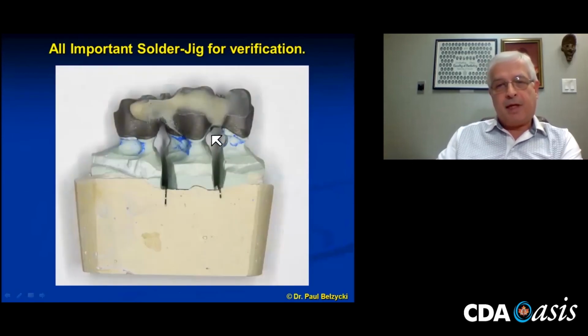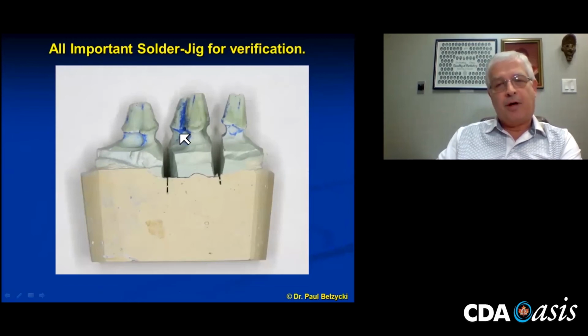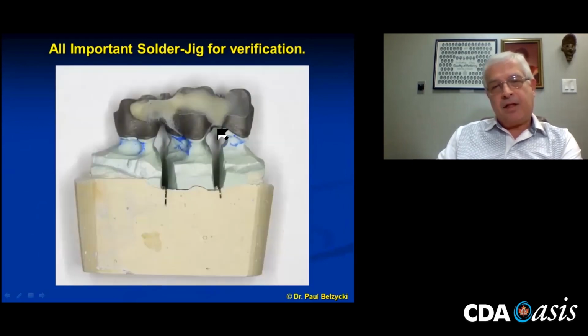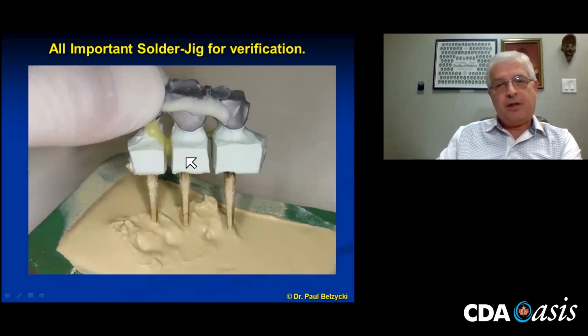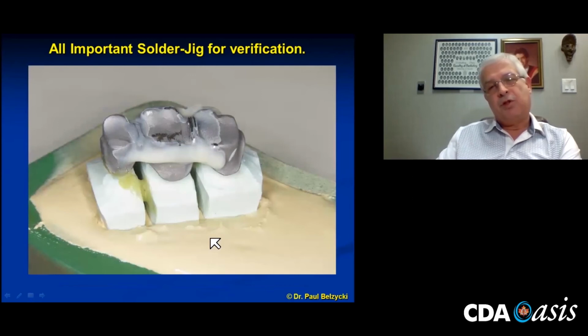This is just a second pour of the VPS impression that was given to the lab, and these are pinned dies. Sometimes it fits nicely, and sometimes it won't, because how it fits on a model may be a little different from how it fits on a tooth. Now I've locked in how it fits on the teeth. So I take each individual die out and insert it into its respective coping and attach it with a little bit of sticky wax and plop that into some stone.